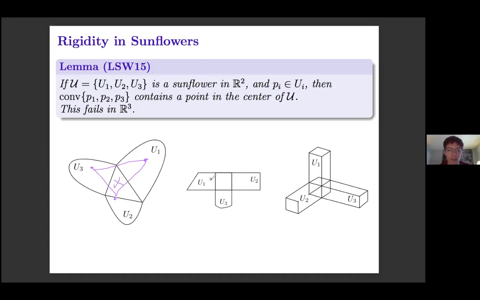Likewise over here, even though these are in a different format, if I choose my 3 points and draw the triangle with those vertices, then it has to hit the center of my sunflower as well. On the other hand, here in R3, if I have 3 petals, I can choose some points that are way off on the ends of my petals, take the convex hull, and this triangle is going to be removed from the center. It's going to be closer to us in this drawing, coming off of the screen, whereas the center is farther back.